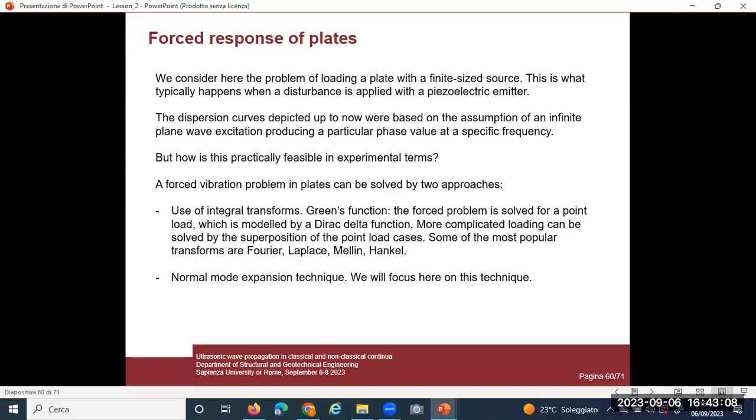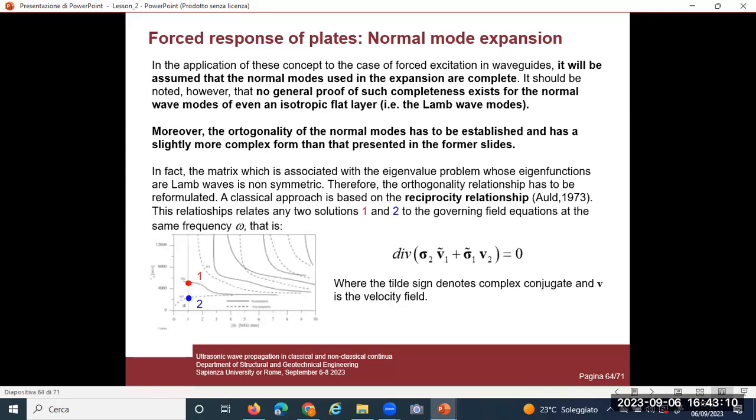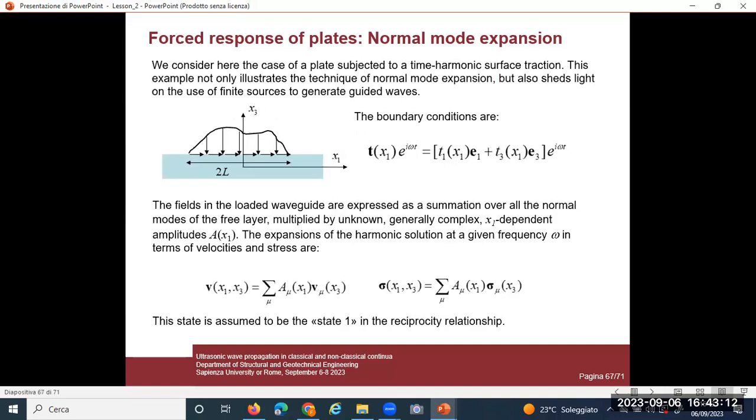So the problem we've got to solve is exactly this one. Let us consider the case of a plate, but it holds for whatever waveguide. We've got a waveguide, and this drawing here is an external load.